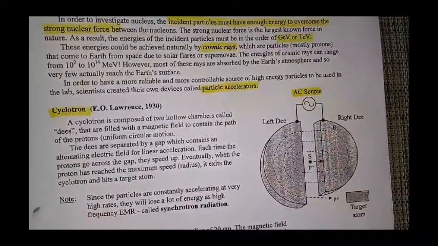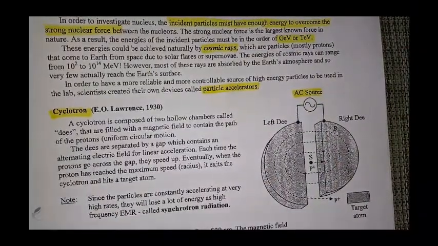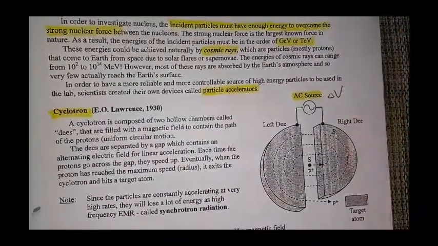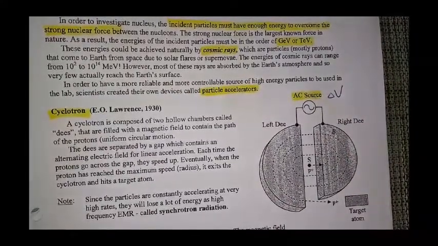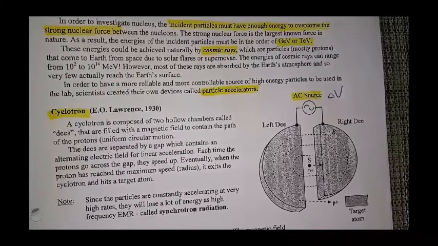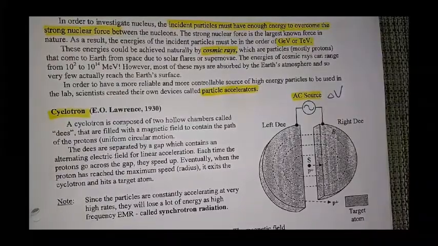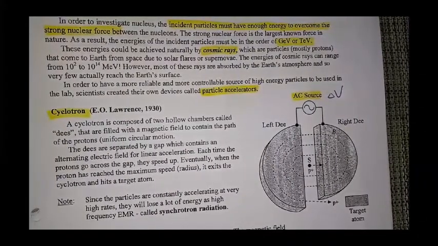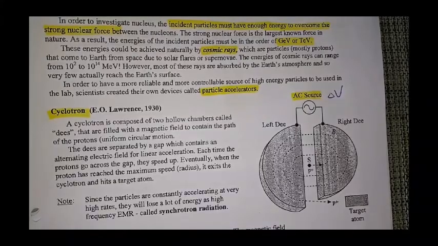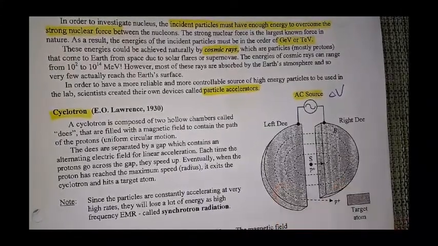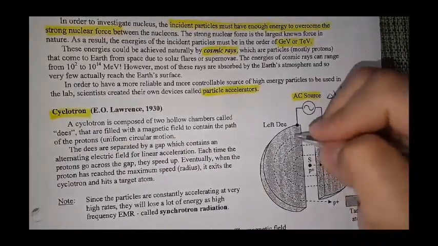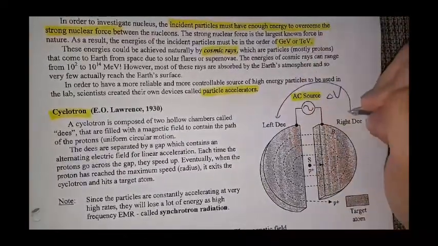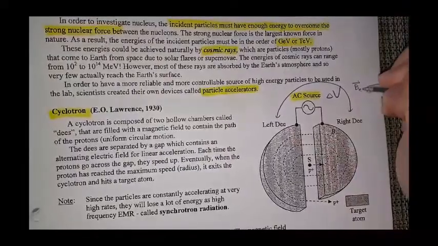First things first, you have an external source that is attached. And you have a semicircle chamber on the left side and a chamber on the right side. And what happens is this, ladies and gentlemen. Those two hollow chambers are called Ds, and an external magnetic field goes through each of them.